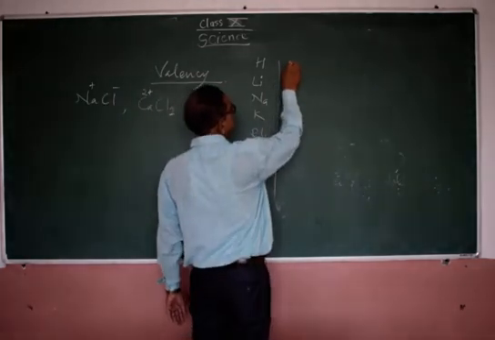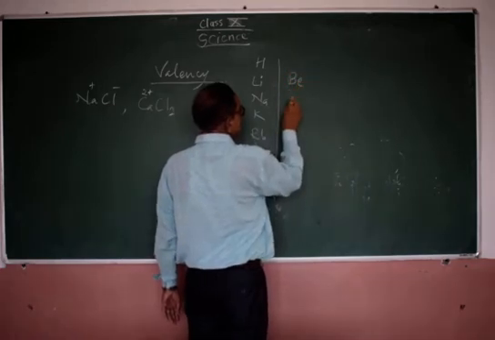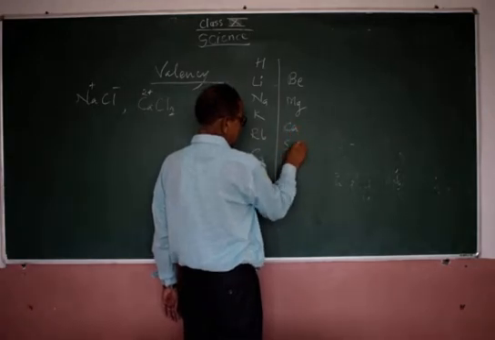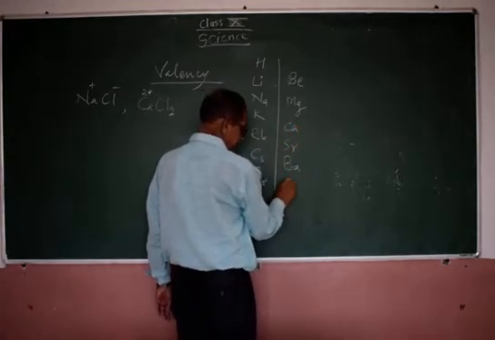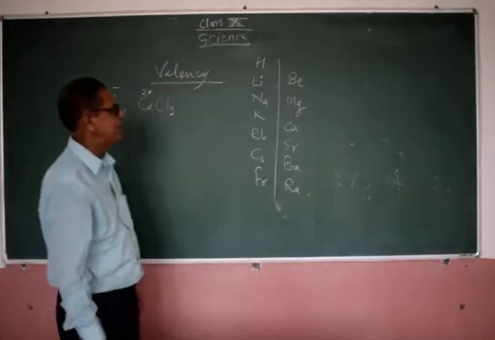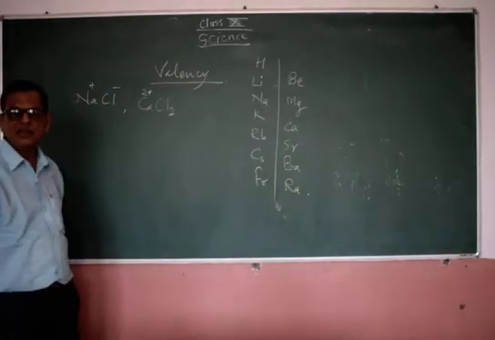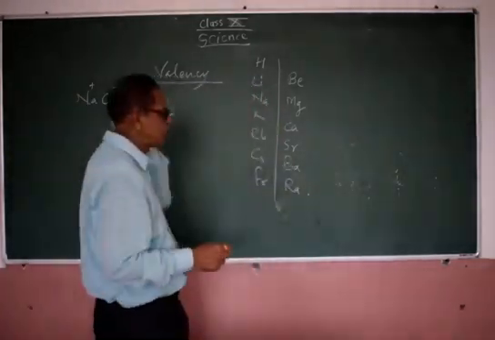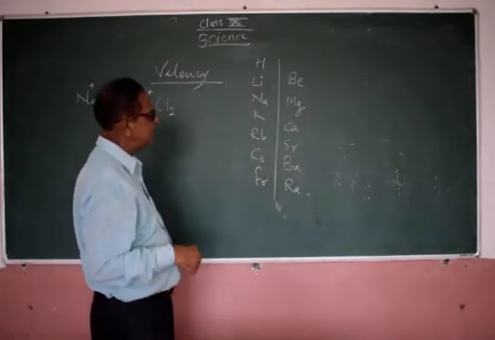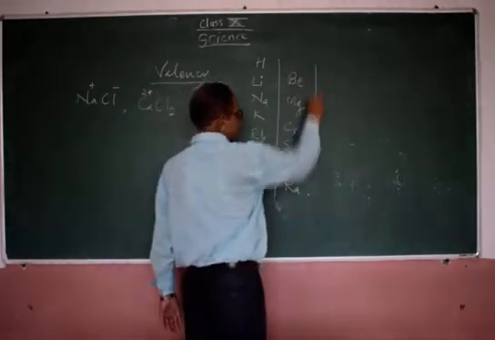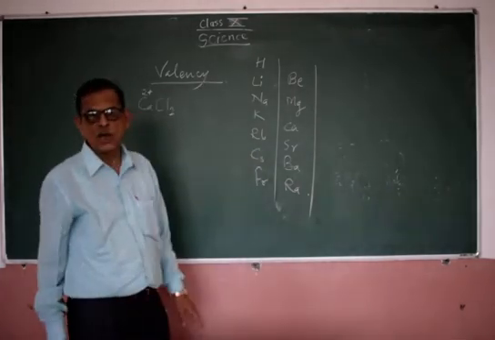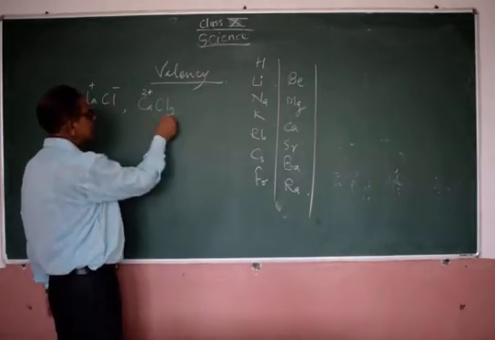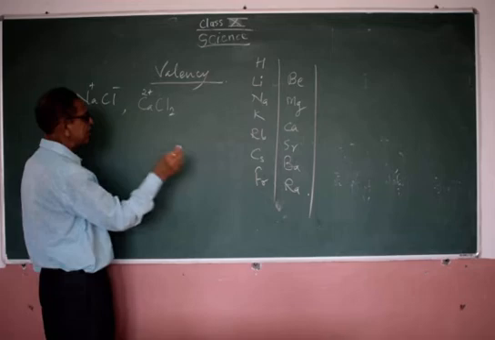Then the second group: beryllium, magnesium, calcium, strontium, barium, radium. All these elements have 2 electrons in their outermost shell, therefore their valency is 2, and therefore we can write the correct formula of the particular chemical compound, calcium chloride. Now what will be the formula of calcium sulfate?